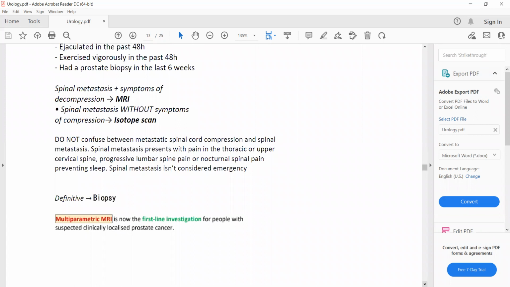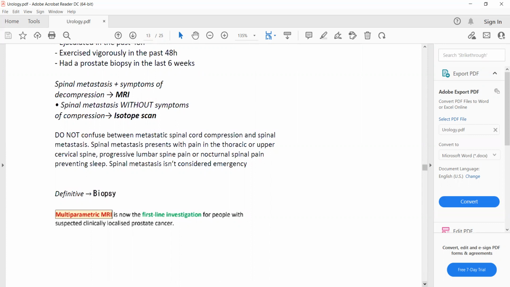So if the patient presents with spinal metastasis and there are signs of decompression or signs of nerve involvement such as fecal or urinary incontinence and saddle paresthesia, then the investigation of choice will be MRI.